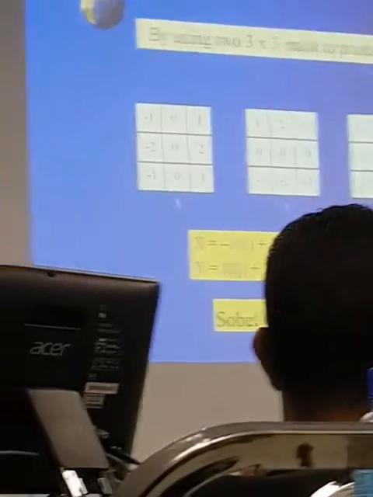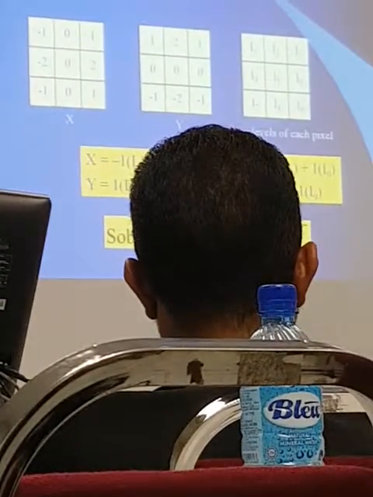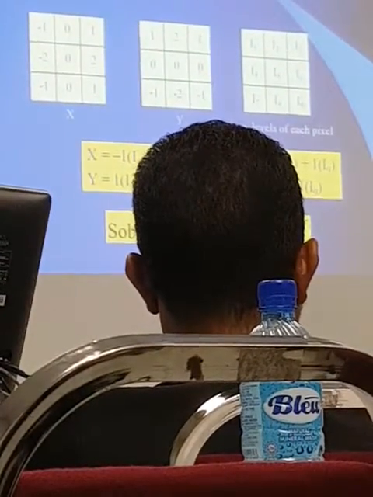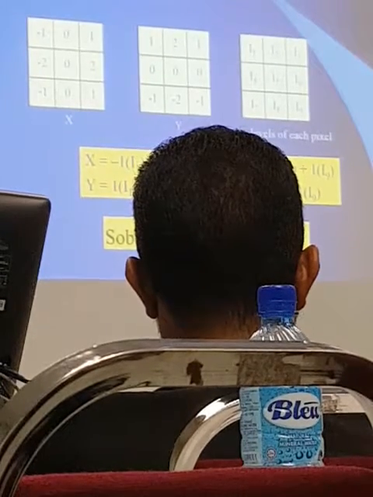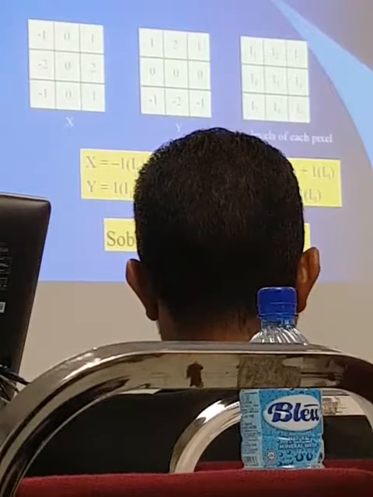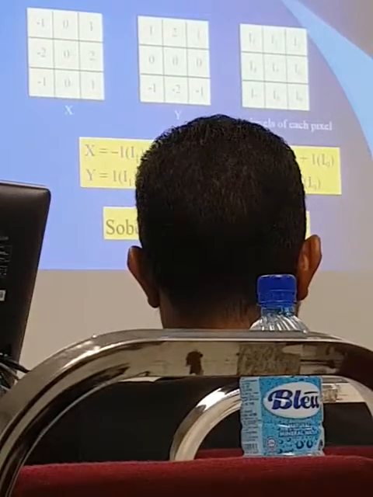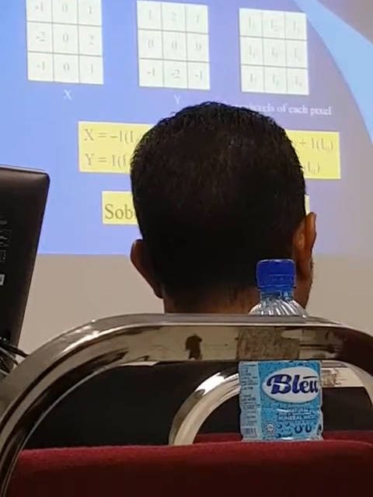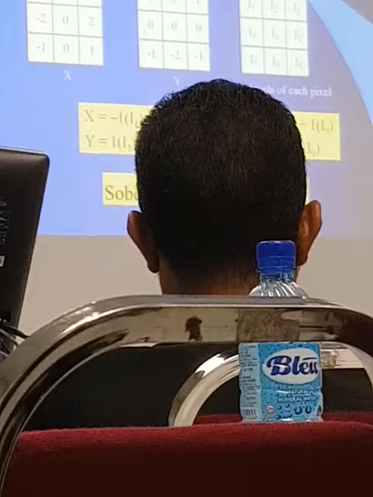It takes the x information from here and here. If you look at the equations, x equals I1 times -1, first one, I3 plus 1, the right one, right? Then -2 coming from there, then you have 2 and so on.